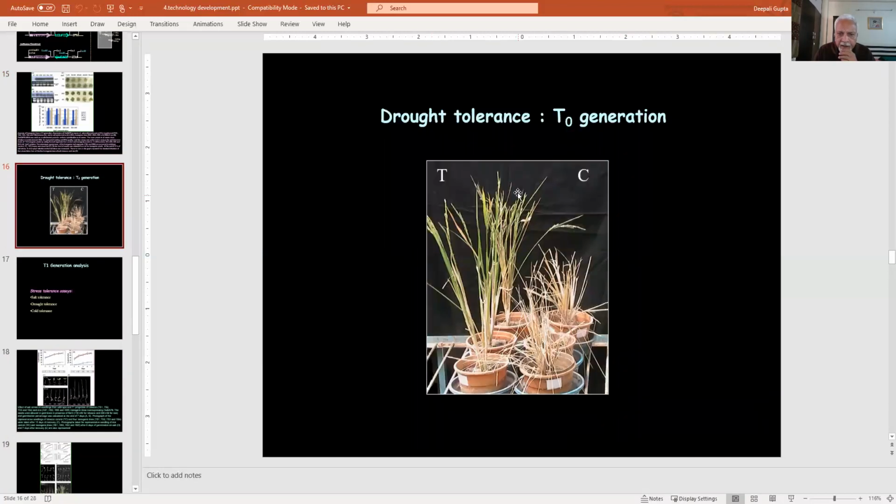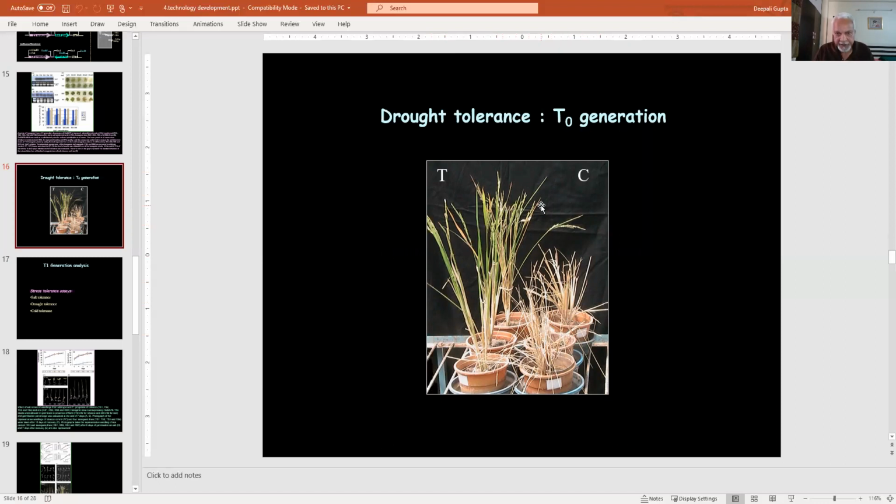Further, when these plants were taken to greenhouse, in rice particularly, and they were given water stress, drought and salinity, what was seen here is that the control plant dies within 20 days of the stress, and the transgenic lines survive and show the seed set.